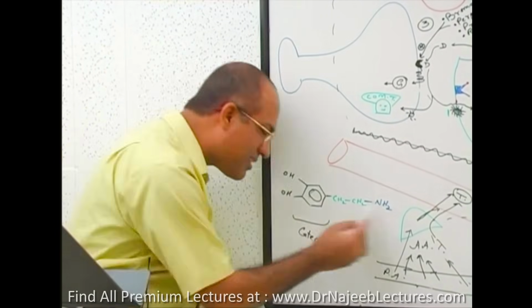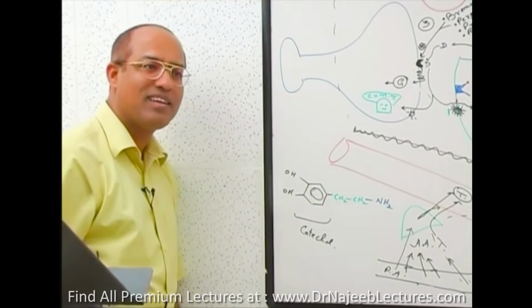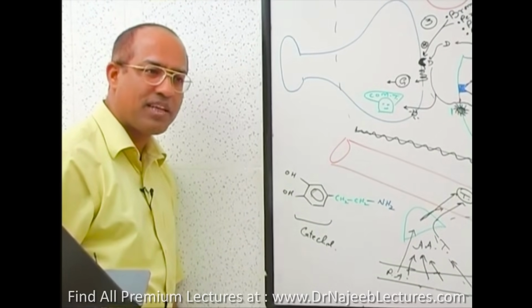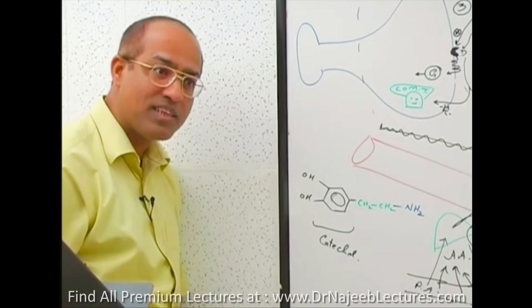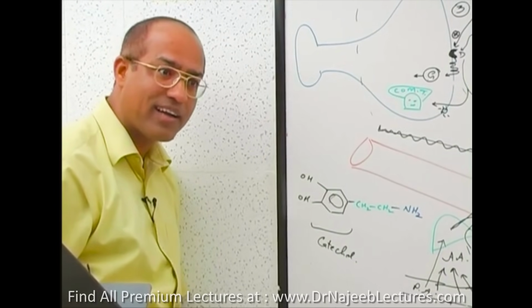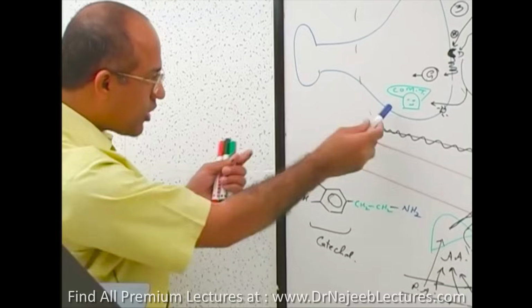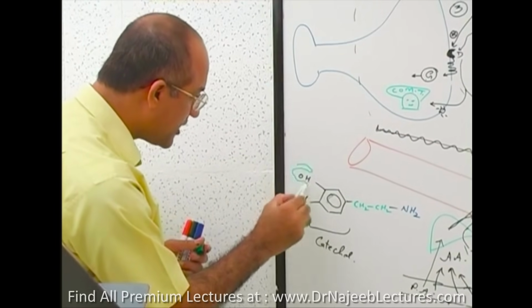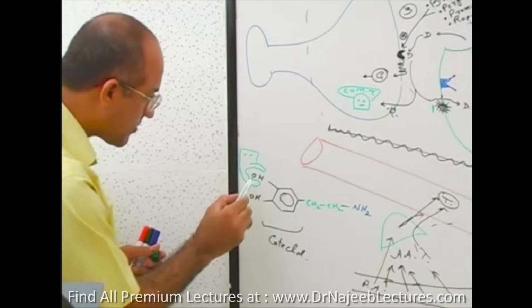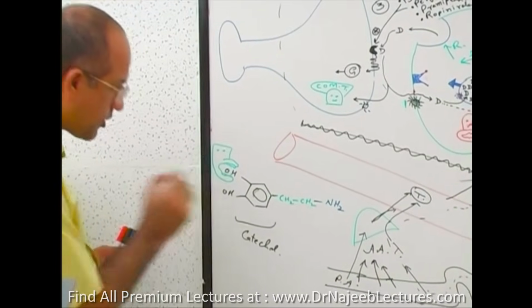All catecholamines have this basic structure. Think of epinephrine, norepinephrine, or dopamine, all of them are catecholamines. All of them have a catechol ring. And this naughty man, what this naughty man does, it tries to eat, what is this? This hydroxyl.